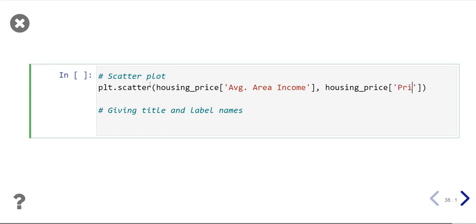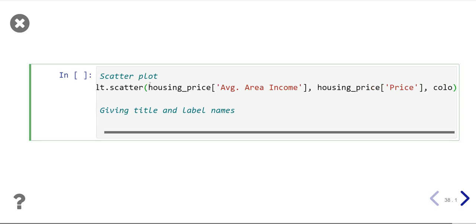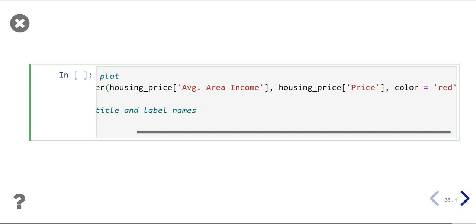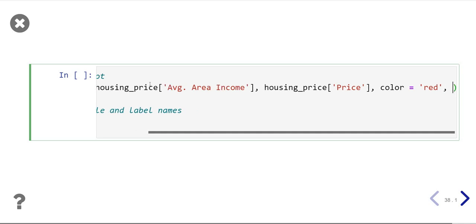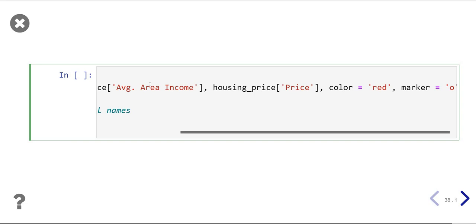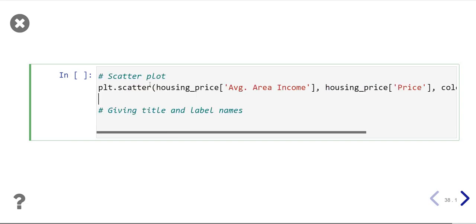This is price, right? And this one, we can give the color red. We can also use a different marker for this. Let's say we use the round marker, marker equals O.